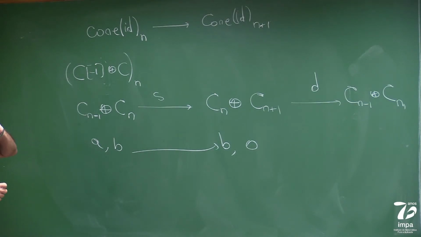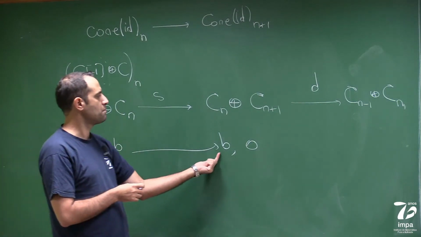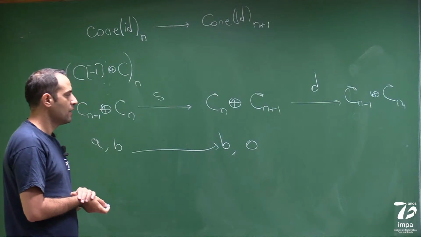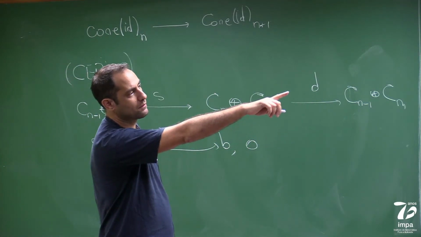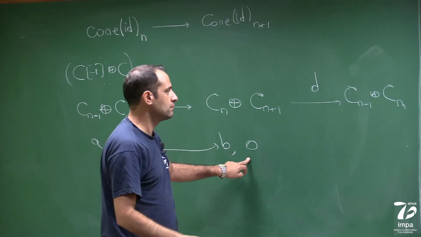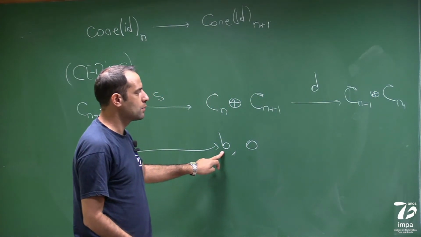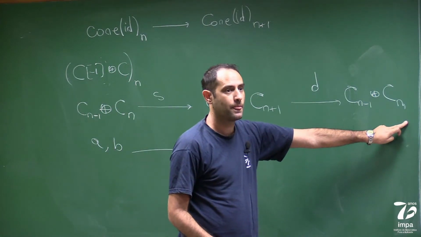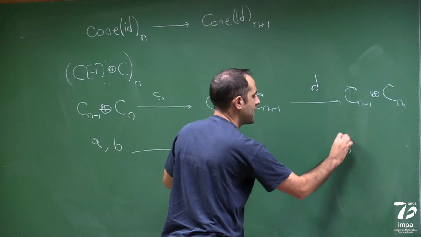So I grab (A, B), S sends it to (B, 0). Now I need to look at D of this thing. Well, D, as I read it from that board there, will have two components. This guy would send to 0 in C_n, so it doesn't matter. But the differential of this guy would land in both of them. So from C_n to C_{n-1}, I would take a dB.